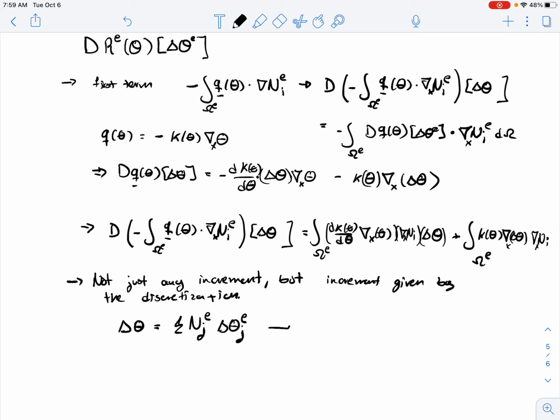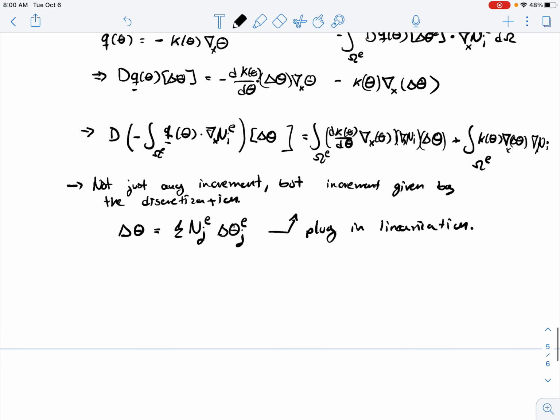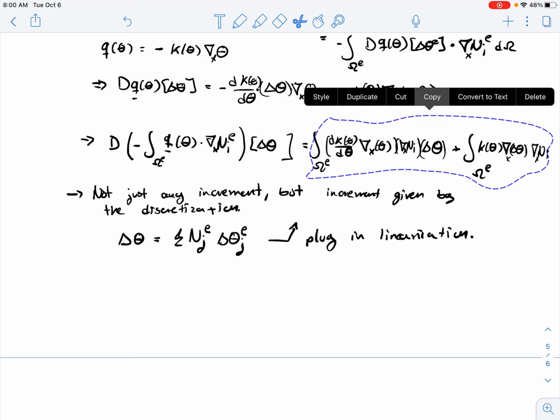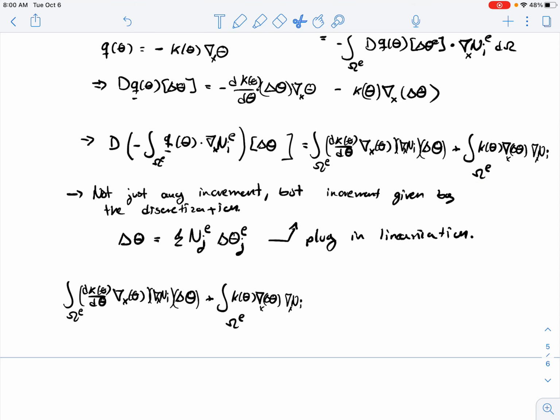And so if I plug that in, plug into linearization, what you will see is, let's just copy this, and actually I can expand a little bit more.